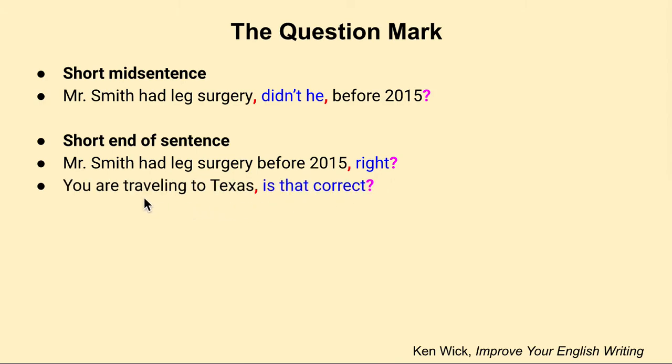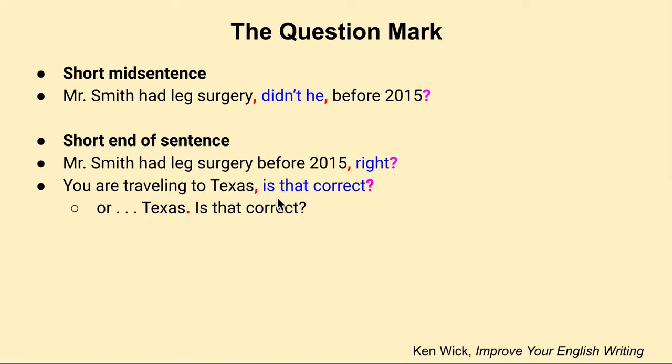And now here's another example: You're traveling to Texas, is that correct? So once again, we have a short question at the end of a sentence. We separate it with a comma and end the sentence with a question mark. But we do have the choice here because "is that correct" is actually a grammatically complete sentence.